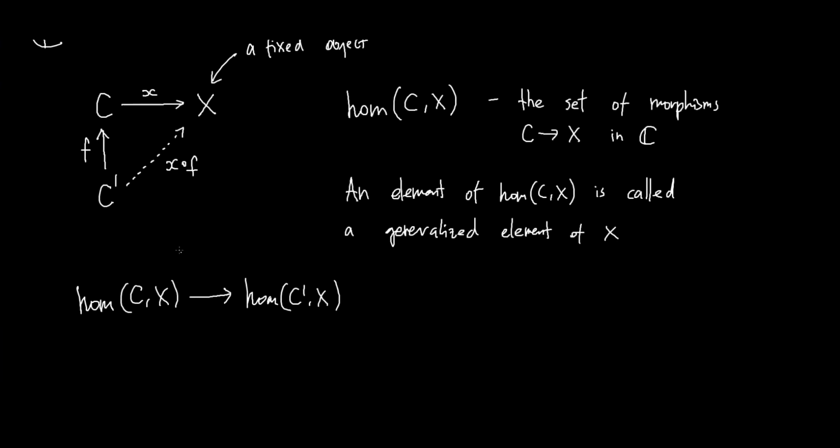This mapping also has a name. We can call it Hom(f, X). So what does it do? It maps a generalized element x to the generalized element xf. Okay.